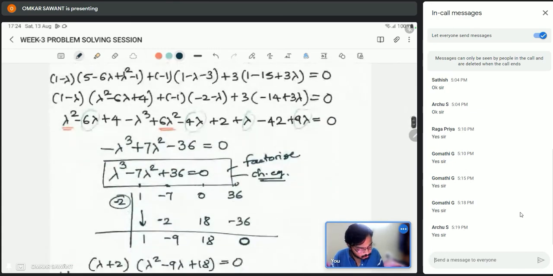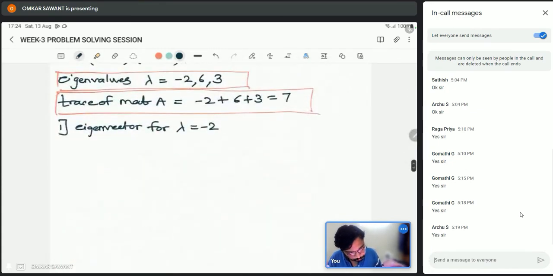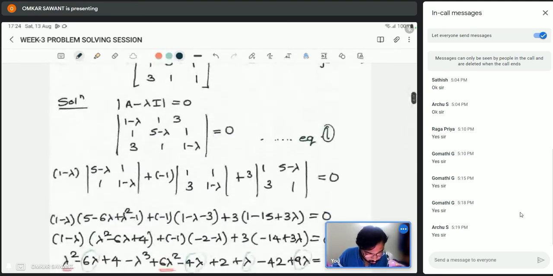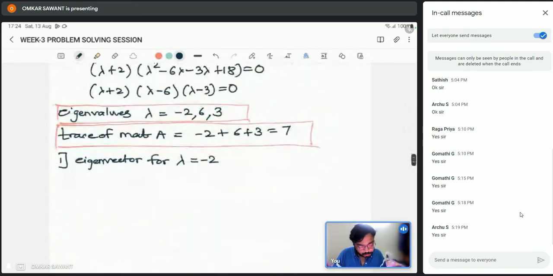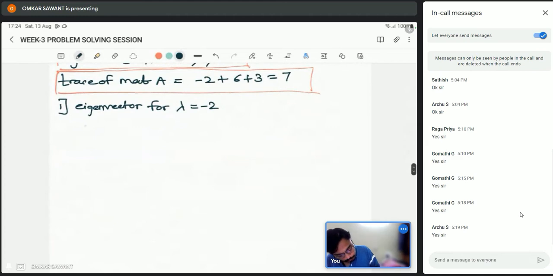Okay, so the matrix will become this: 1 minus of minus 2, 1, 3, 1, 5 minus of minus 2, 1, 3, 1, minus of minus 2.